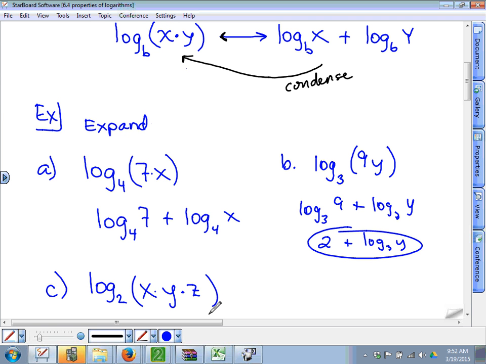The thing that you really have to remember, you guys, with the product property, if you're expanding, you have to put a plus sign between all of them.